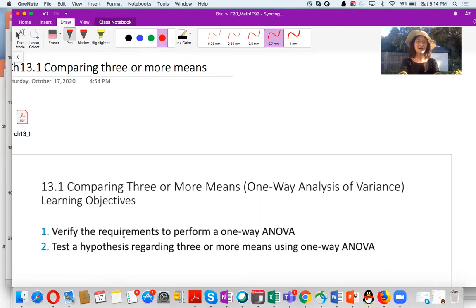One is to verify the requirements for the one-way ANOVA test. One way means one factor. The second objective is to conduct hypothesis tests for 3 or more population means using one-way ANOVA. ANOVA represents one-way analysis of variance.